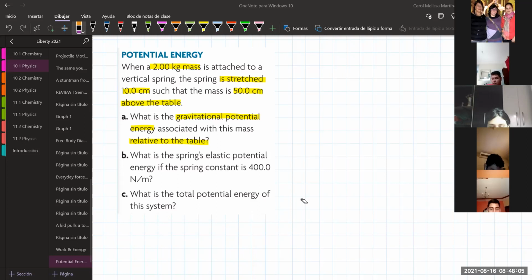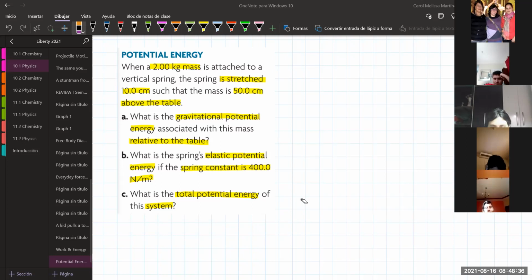So in the second part, they're asking you to get the elastic potential energy if the spring constant is 400 newton over meter. And in the part C, it says, what is the total potential energy of this system? Okay, so all that what I highlighted is the given information in the problem.